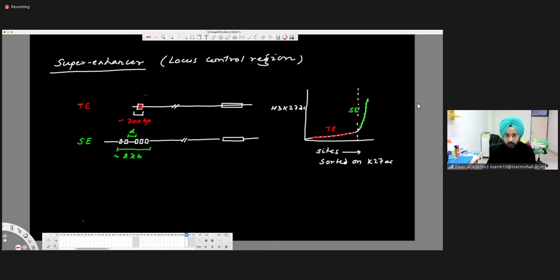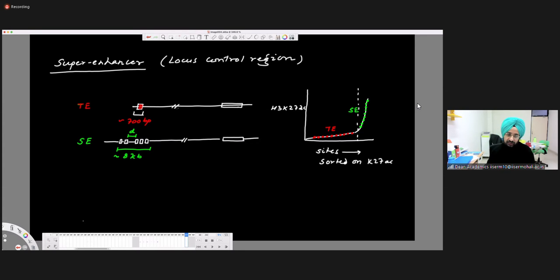Now, what is the difference in the regulation? As you could already guess, H3K27 acetylation is very high at super enhancers, or they might have more affinity to the target promoter, and since it has high affinity, it will be attached to the target promoter for a longer time, so there will be more transcription.